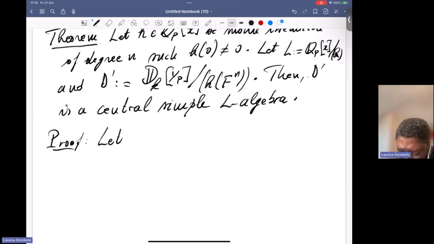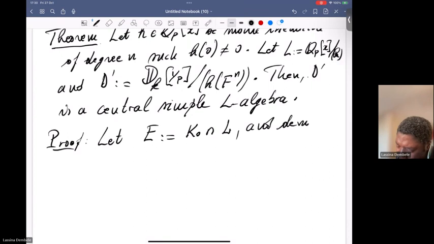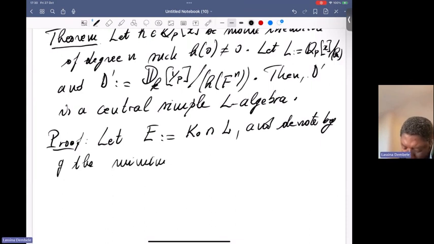The first thing is that I'm going to let E be the intersection of the field of fractions of the ring of Witt vectors with the field L generated by our polynomial H. And we denote by G the minimal polynomial of E.